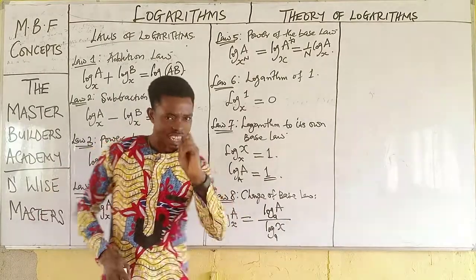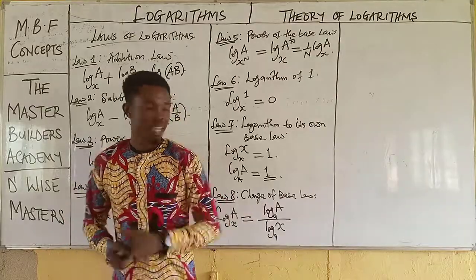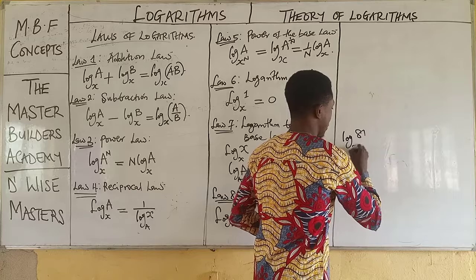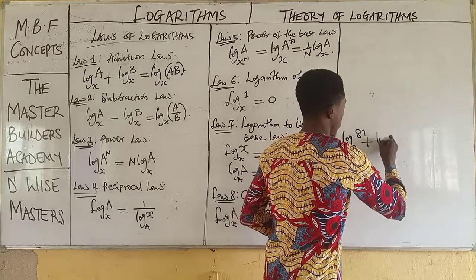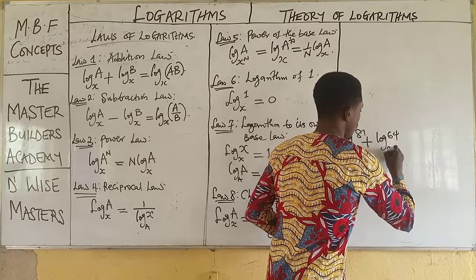Now, let me give you a scenario to clarify when this should be used. Take for instance, you have log 81 over 3, plus log 64 over 2.